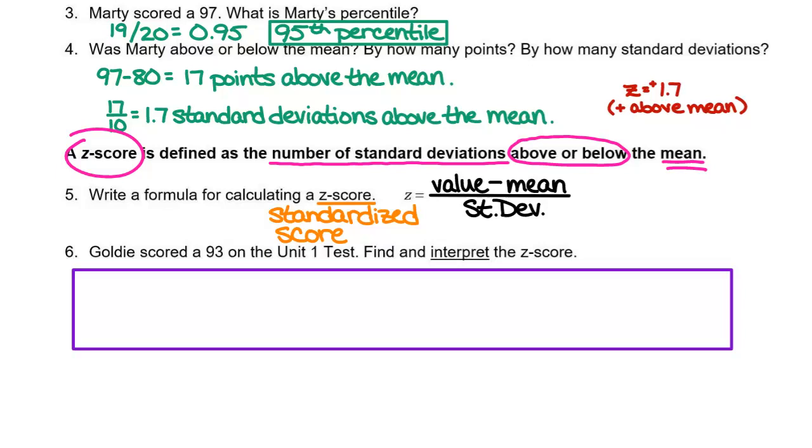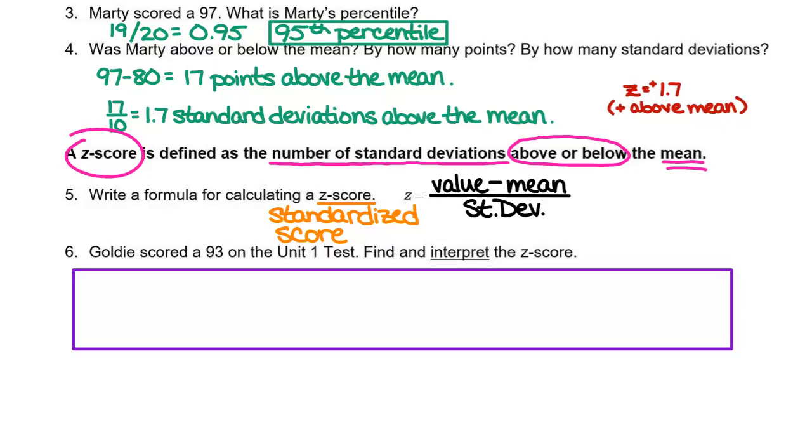Does that make sense? So it's going to allow us to talk about where a piece of data, oftentimes a person, falls in relationship to the other people that are there, and then I can look at another group and I can compare location of any other individuals there as well. So it's a standardized score.